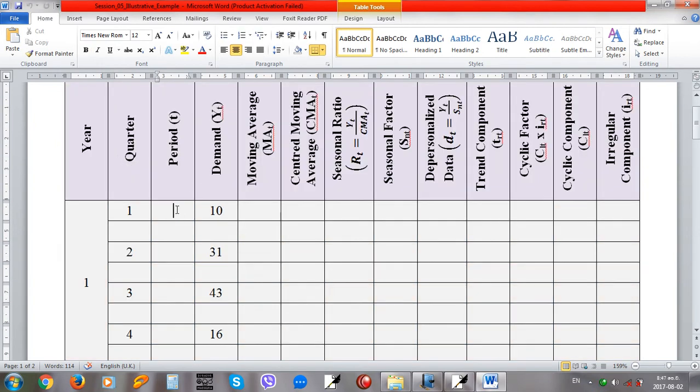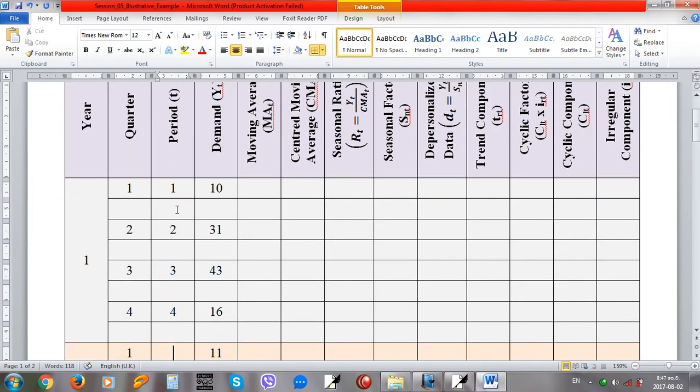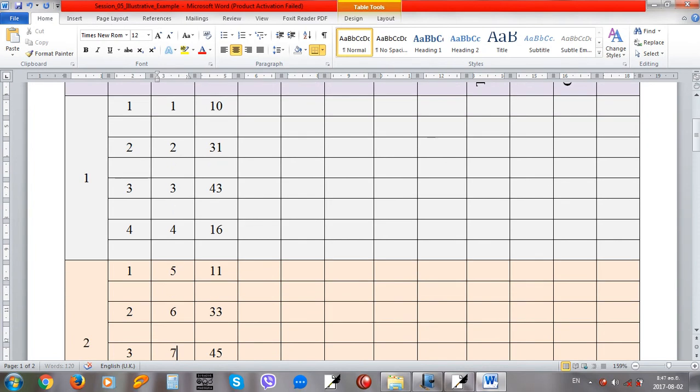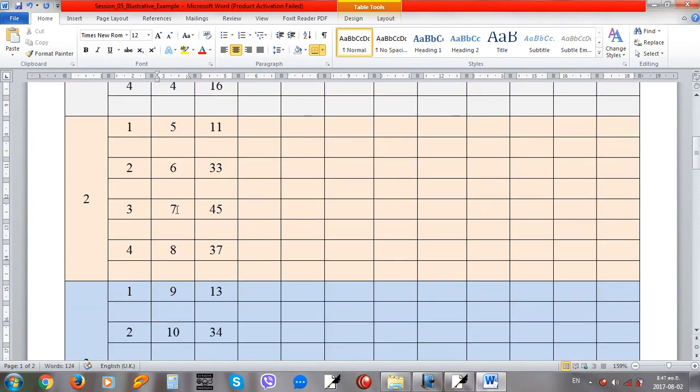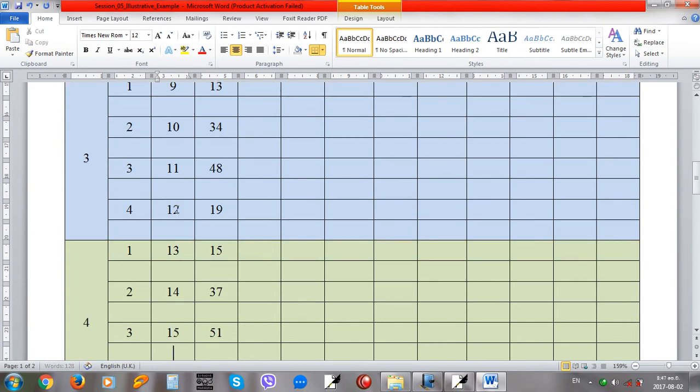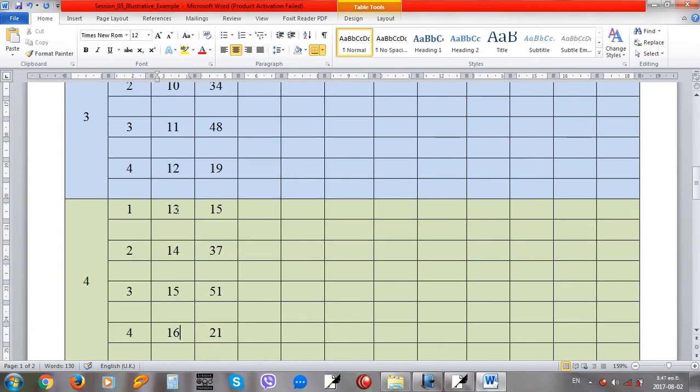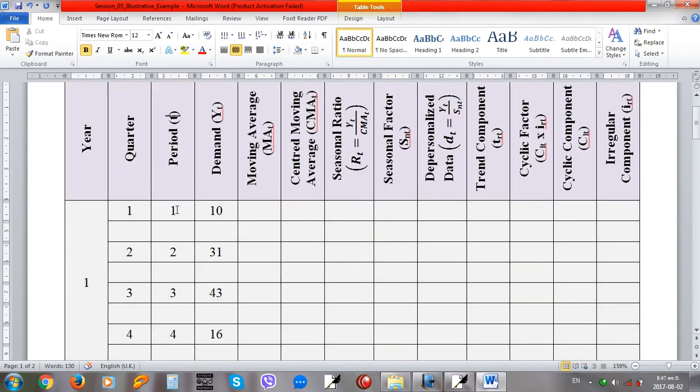You start from 1, 2, 3, 4, then 5, 6, 7, 8, 9, 10, 11, 12, 13, 14, 15 and 16, right? Now you found the period T is 1 to 16 because there are 4 years.